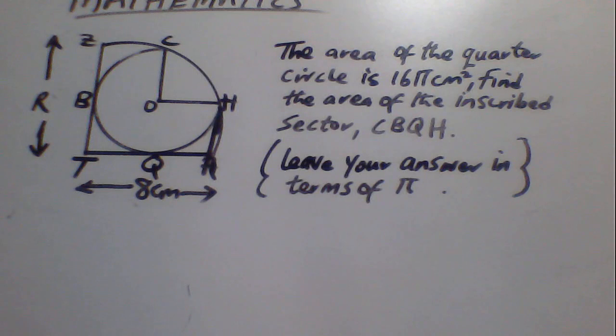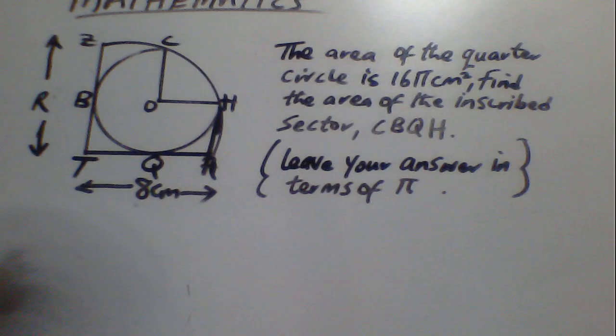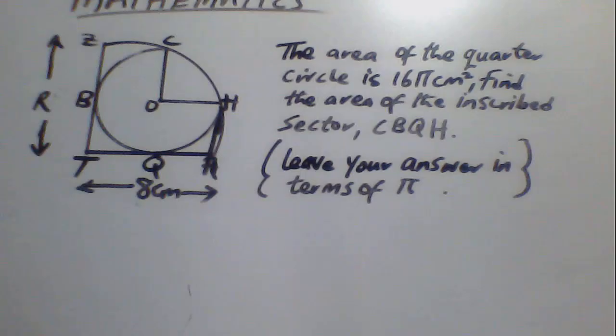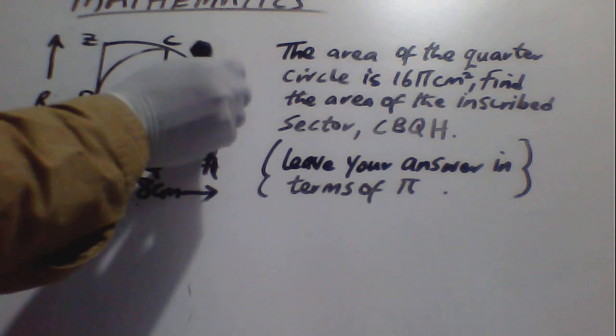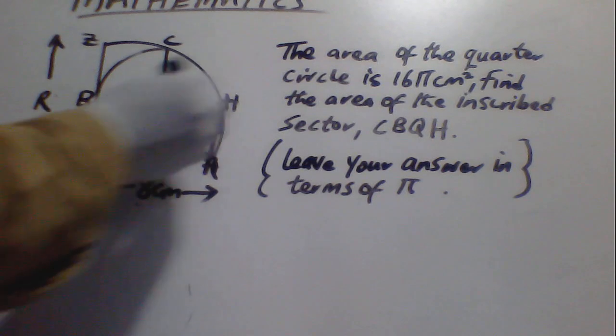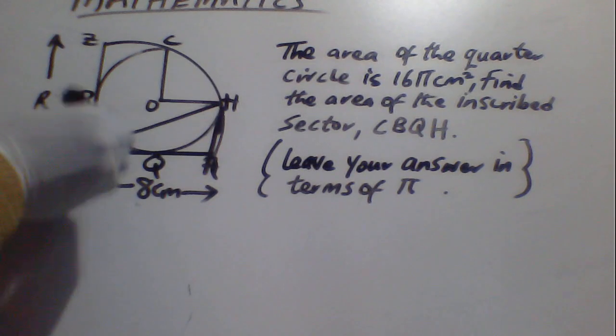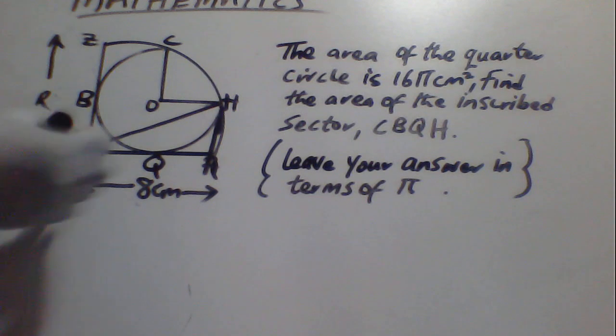The next thing we have to consider is that we have to join TH as a straight line. It passes here. At this point, it's a straight line.